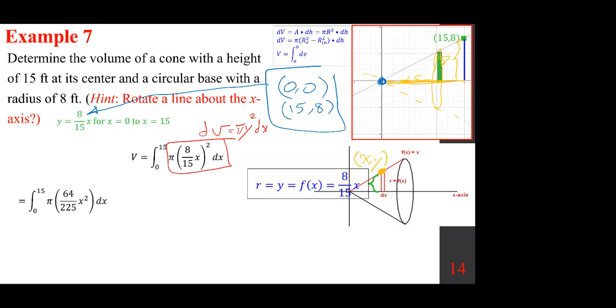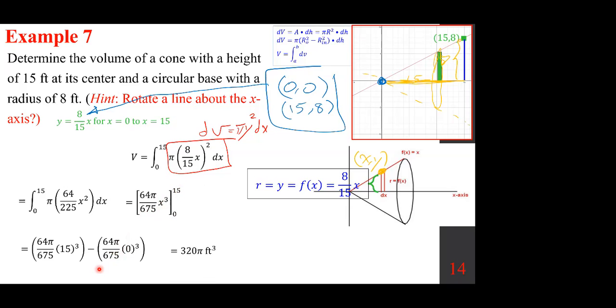I honestly believe from here on, it's just basic. You can do that. So pi times 64 over 225 and times x squared gives you 1/3 x cubed. So the numerator is 64 pi. The denominator is 225 times 3, which is 675, x cubed from 0 to 15. All you have to do is plug in 15. Plugging in 0 gives you 0, class. And it ends up being 320 pi cubic feet.